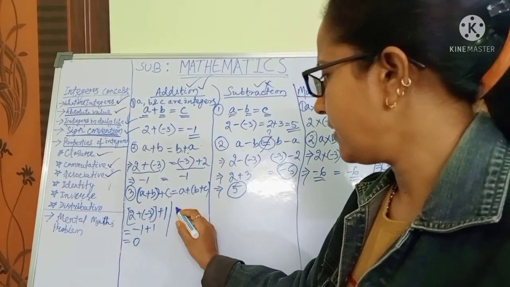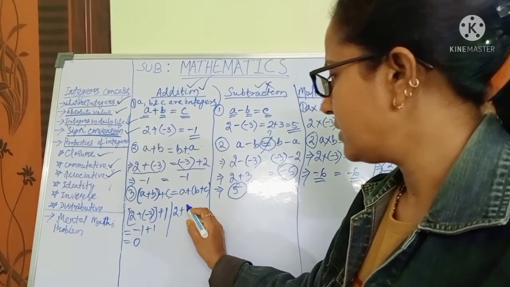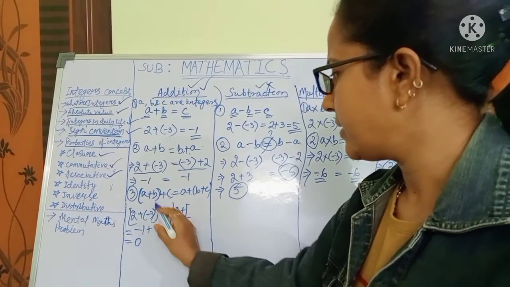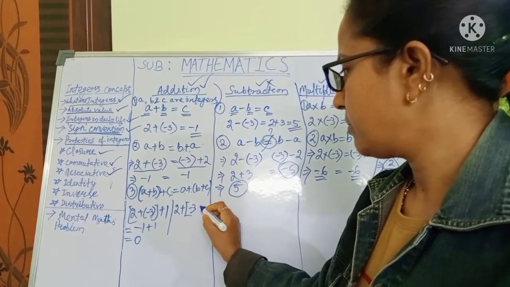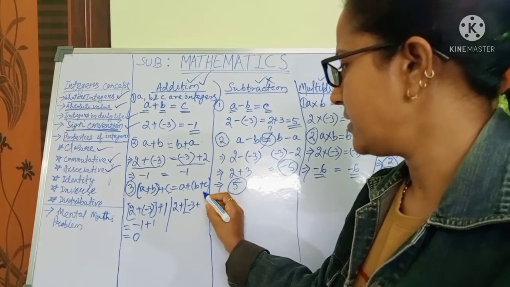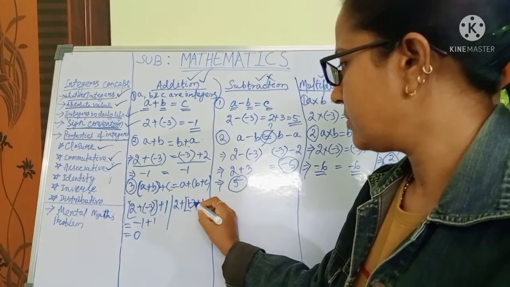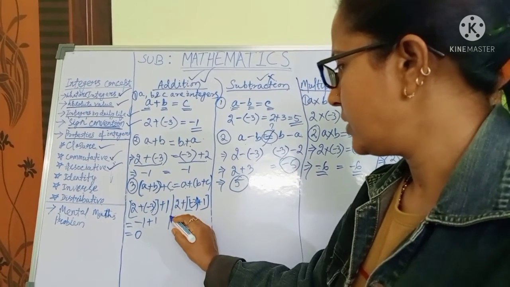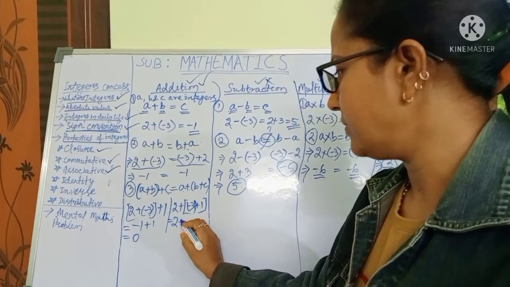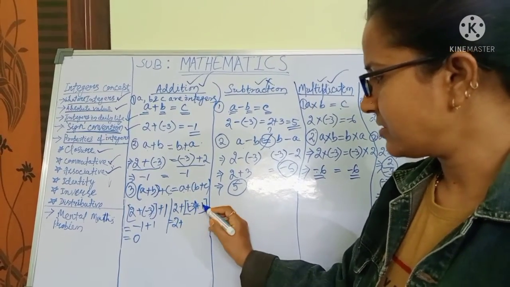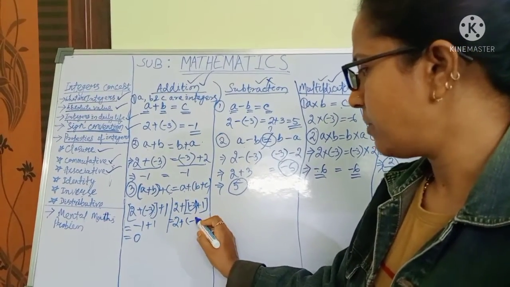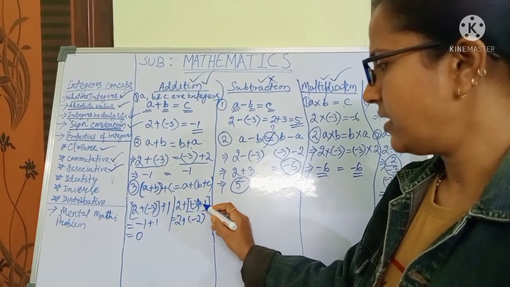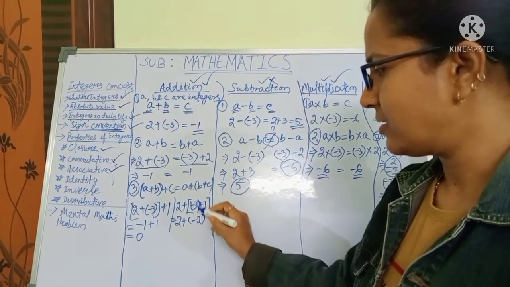So in the right hand side, what will we get? A is 2 plus, in the bracket, B is minus 3 plus C is 1. So now it is 2 plus, this is minus 3 plus 1, it is nothing but minus 2, because we subtract 3 minus 1 is 2, and the greater number's sign is minus.